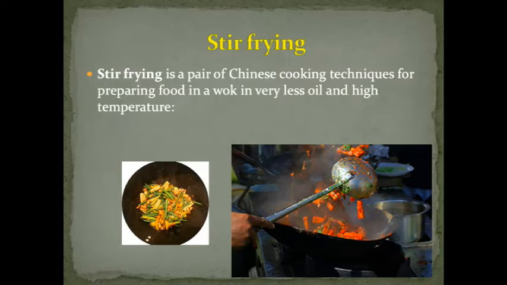So what is the difference between saute and stir fry? In stir fry, the heat is very high, while in sauteing, the heat is moderate. Both of them require you to make the food jump.